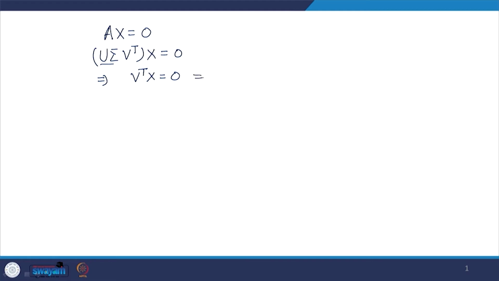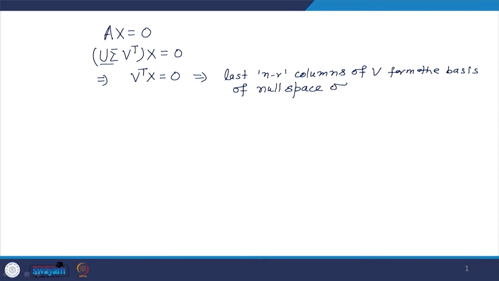And from here, the last n minus r columns of V, where n by n is the size of V and r is the rank, form the basis of the null space of A.